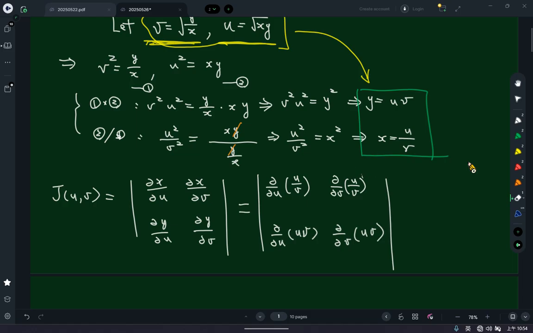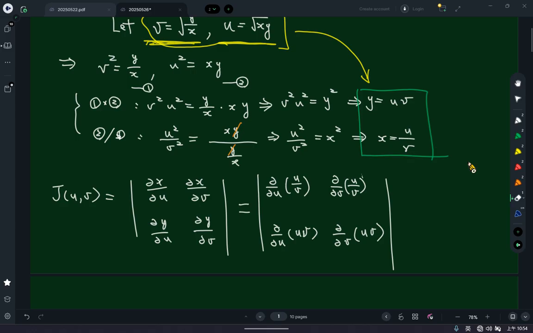Okay. Is that correct? U v x. So when you just calculate this part, you must be very careful. U v. Okay, correct.